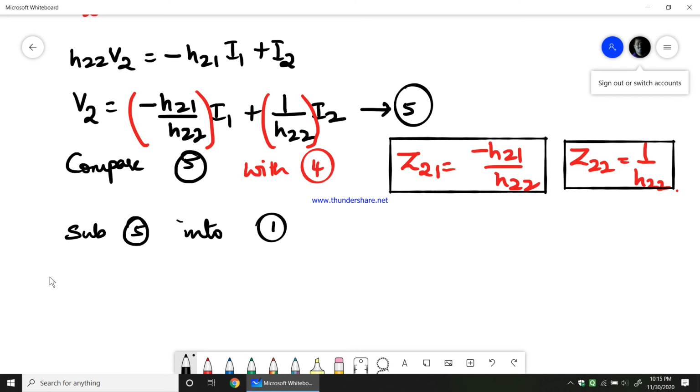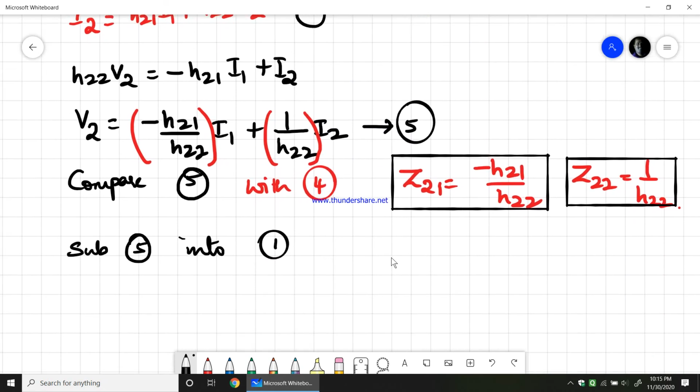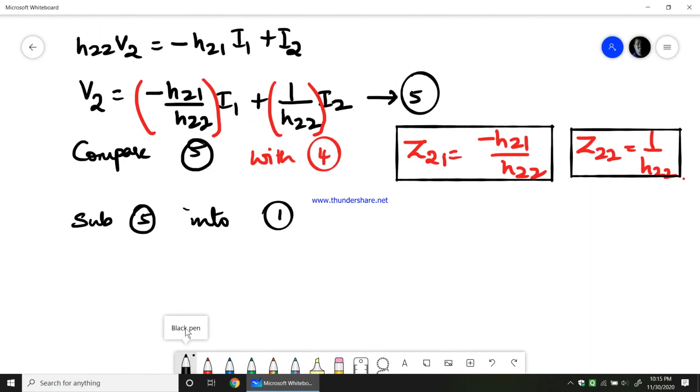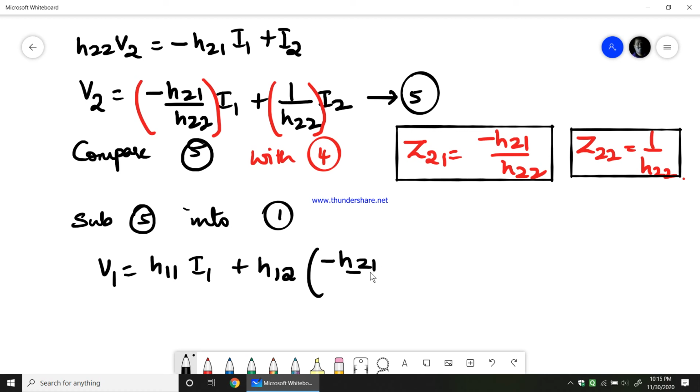So what do we get? Equation 1 is V1 equals H11 I1 plus H12 V2. V2 is minus H21 by H22 into I1 plus 1 over H22 I2, the whole thing multiplied by H12.